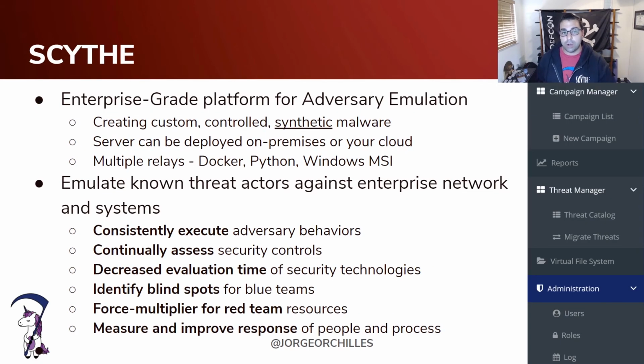Now for deploying our malware, we're going to use SCYTHE. And that's because SCYTHE specializes in creating custom controlled synthetic malware that will run in a production environment without introducing risk. It's also a tool that allows you to emulate known threat actors and automate a lot of those TTPs.